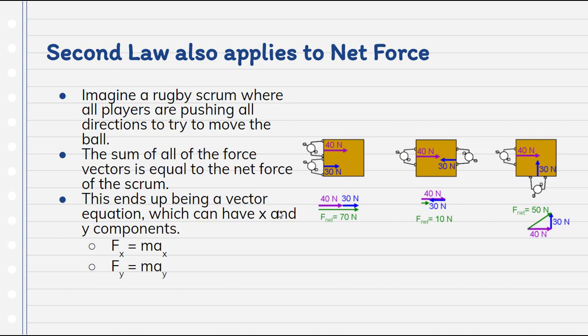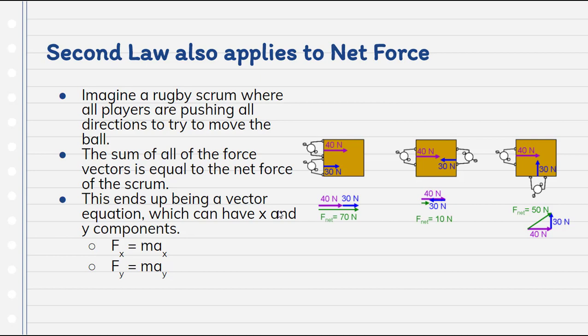So if we take a look at the image on the right here, you have two people pushing a box with 40 newtons and 30 newtons going in the same x direction. So therefore, the total force is the sum of the individual forces. You remember that from vectors. So as a result, we get 70 newtons as our net force. The two individuals in the second image are pushing the box in opposite directions. Again, still one with 40 newtons and one with 30. But the net force is going to the right with 10 newtons.